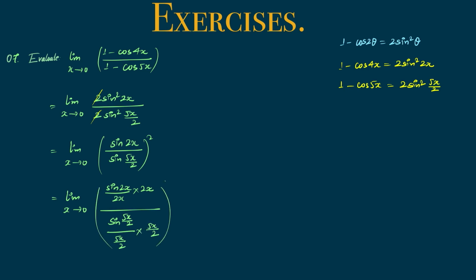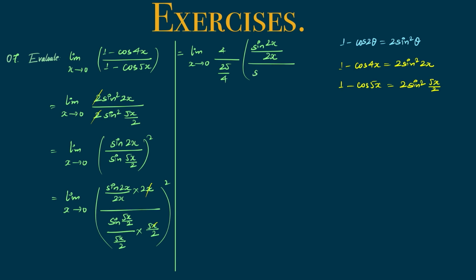So this whole square equals limit x tends to 0, and you can see that x and x get cancelled. The square of 2 will be 4, and the square of 5 by 2 will be 25 by 4. So let me write that outside, so it will be 4 by 25 by 4 into sine 2x by 2x whole divided by sine 5x by 2 by 5x by 2 whole square.